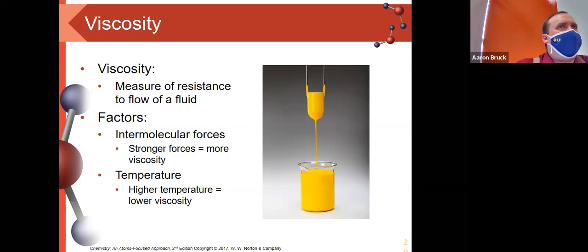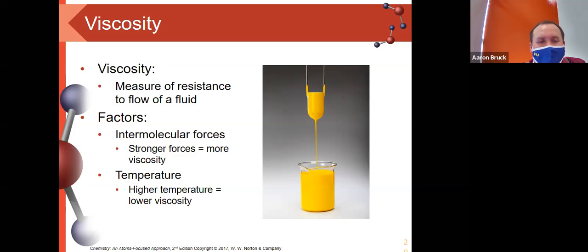The more difficult a liquid is to pour or move, the greater its viscosity tends to be. Now, the primary factor that impacts viscosity are your intermolecular forces. What we tend to see is that stronger intermolecular forces tend to lead to greater viscosity.